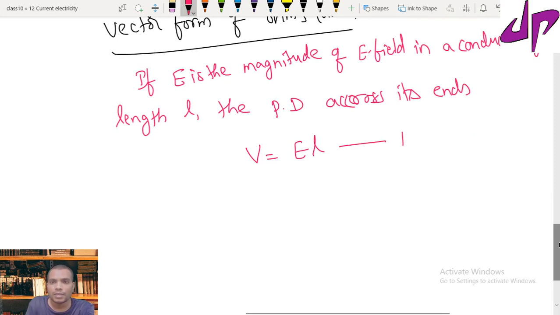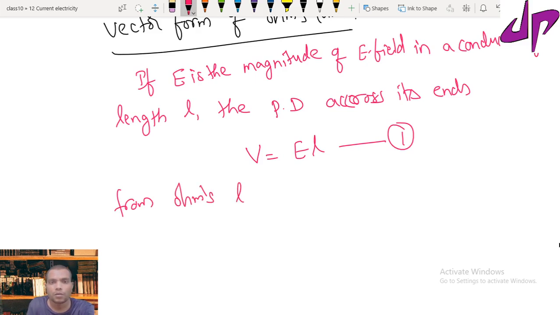So I take this as the first equation. But I know from Ohm's law that V equal to IR. Before writing the second equation, I would like to manipulate it.